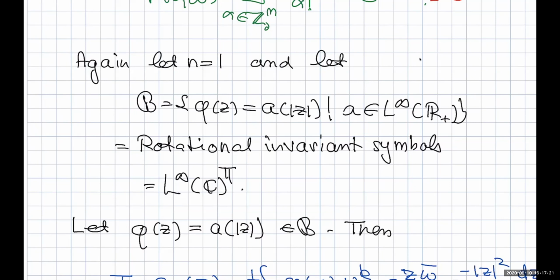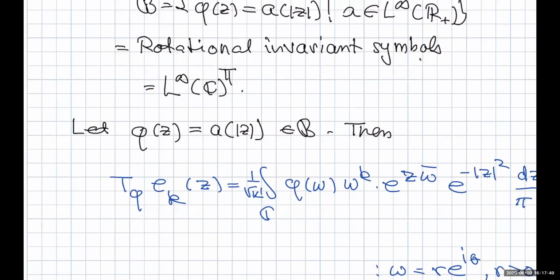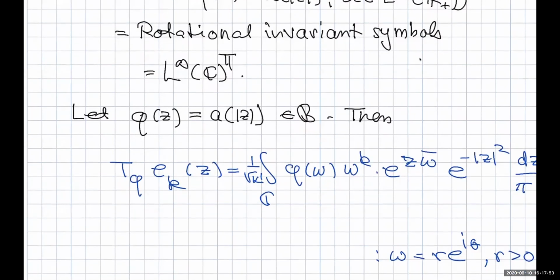So actually you have the torus, the complex numbers of length 1, which is just U(1) acting on the complex plane. And you look at all the functions that are invariant, and those are just functions of the absolute value. So we look at the symbol which is rotationally invariant, which corresponds to a function on the closure of the positive reals, because 0 is in there.